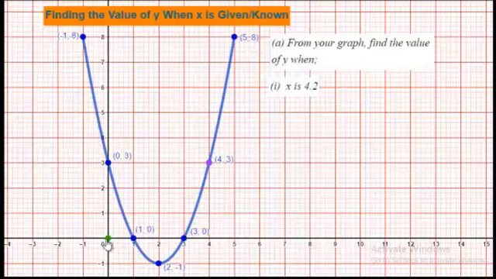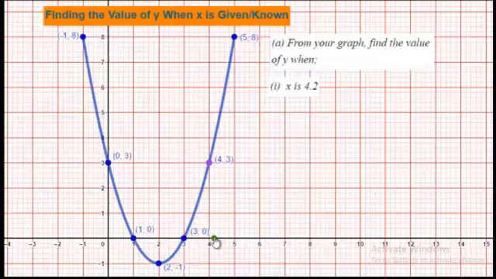So from the origin, I am going to move on the x-axis to find the point 4.2. When I get the 4.2, then I will stop there. So good, that is the 4.2.